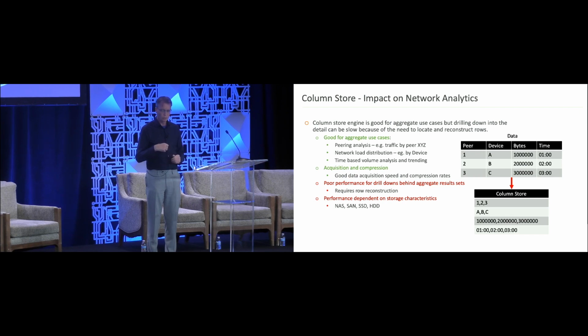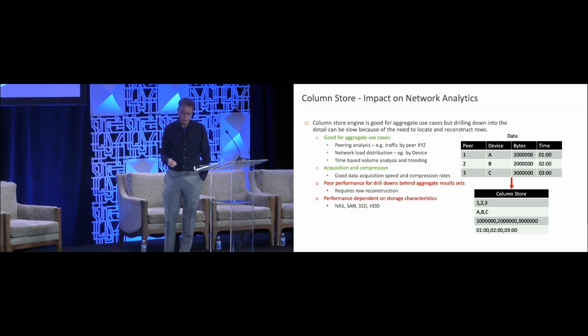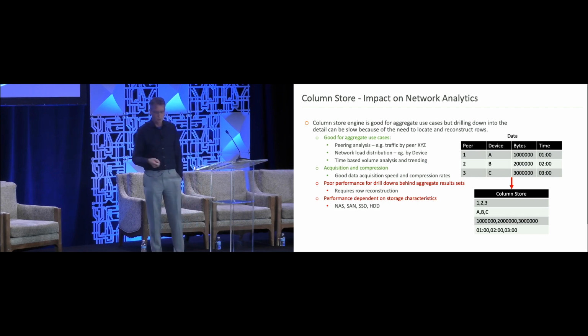But if I want to drill down into the information that's sitting behind those results, not very good at all, because of the row reconstruction required and also the need to find those rows. And performance will depend very much on storage characteristics. So whether it's NAS, SAN, SSD, or hard disk will hugely impact it.